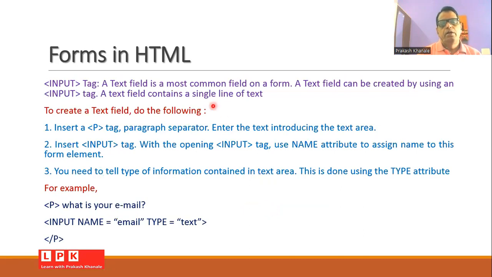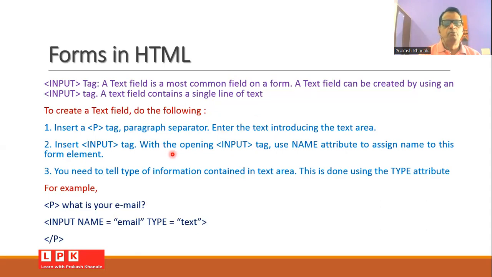There is an input tag, and this is the tag used for getting text information. A text field can be created by using this tag. Whenever you want to create a text field, normally we can insert a p tag, the paragraph separator, so that we can enter the text into the text area.